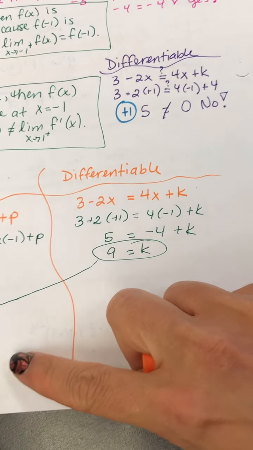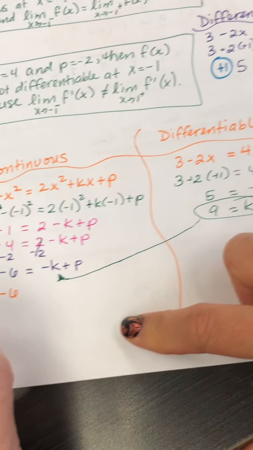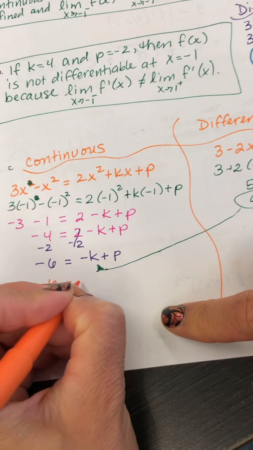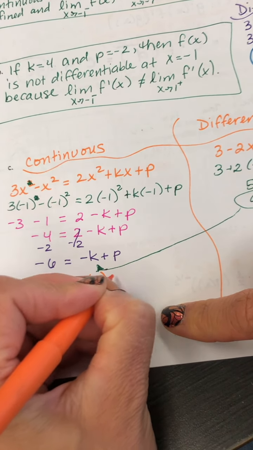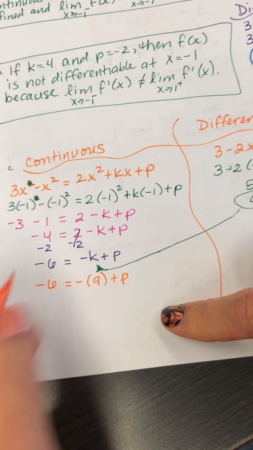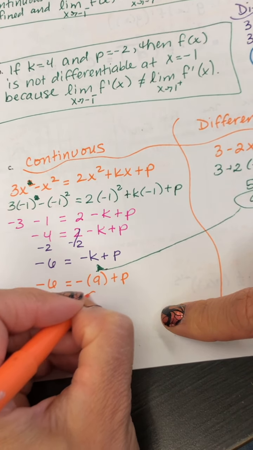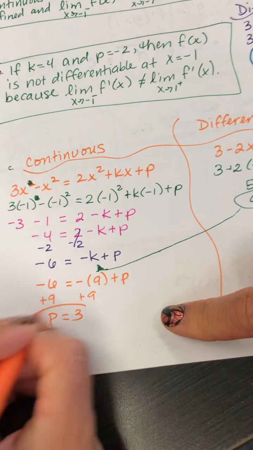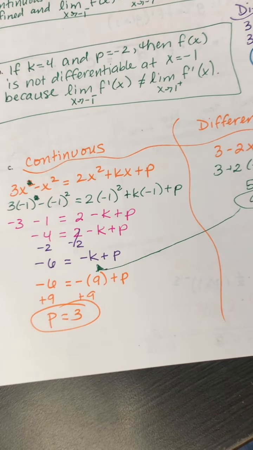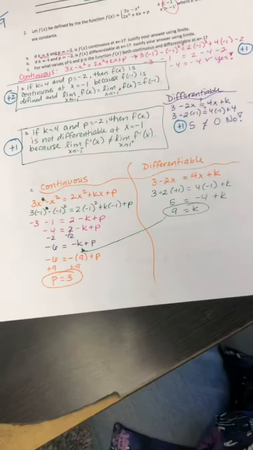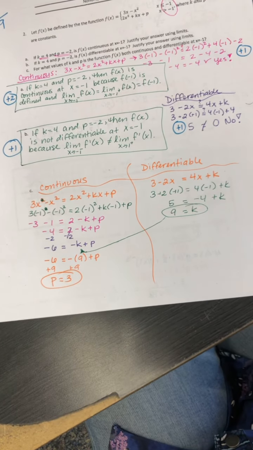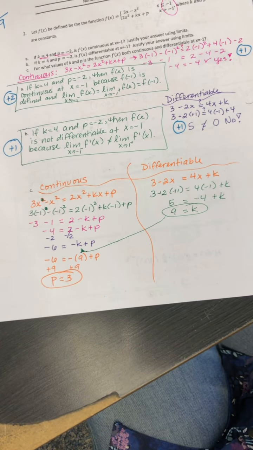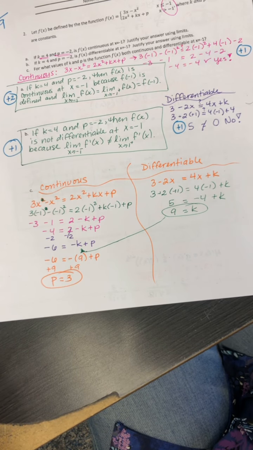So we'll have -6, can you guys see, equals -9 plus p. Add 9 to both sides. -6 plus 9 is 3, so p equals 3. So we have k, we have p. So these are the values for k and p that will make it both continuous and differentiable.